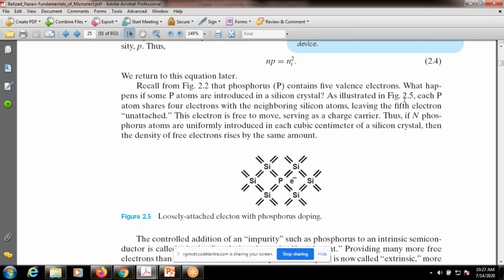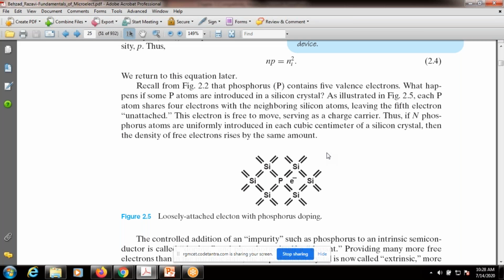As illustrated in figure 2.5, each phosphorus atom shares 4 electrons with neighboring silicon atoms, leaving the 5th electron unattached. There is one extra electron. Now this electron acts as a free charge carrier. This electron is free to move, serving as a charge carrier. Thus, if N phosphorus atoms are uniformly introduced in each cubic centimeter of silicon crystal, then the density of free electrons rises by the same amount.